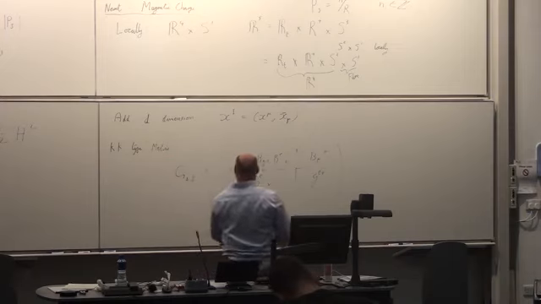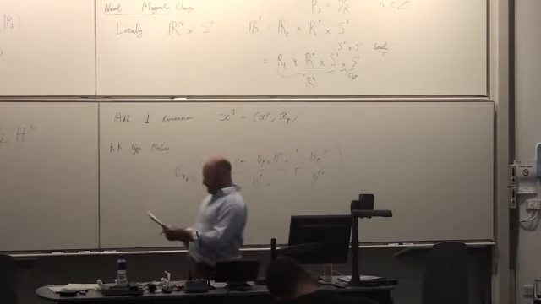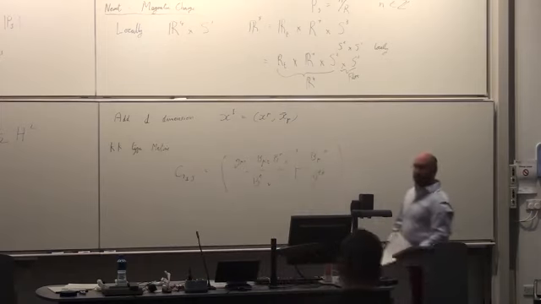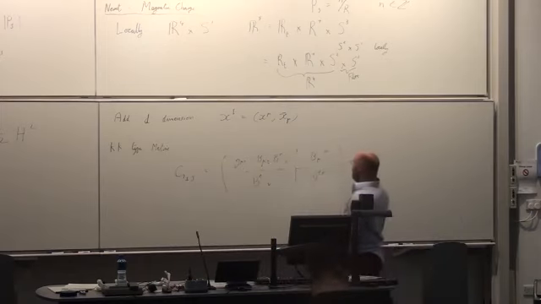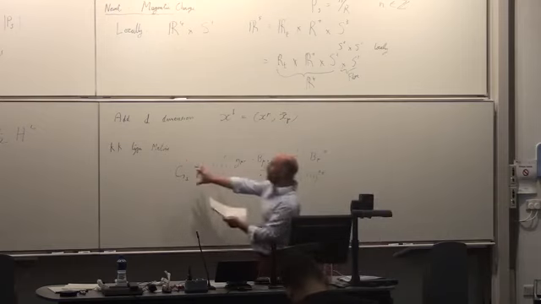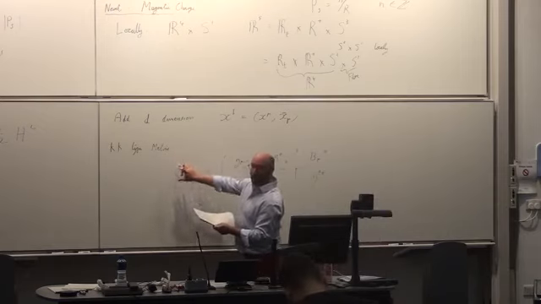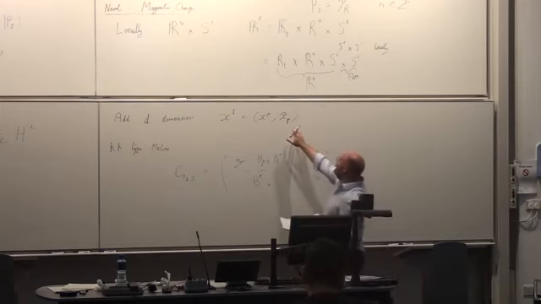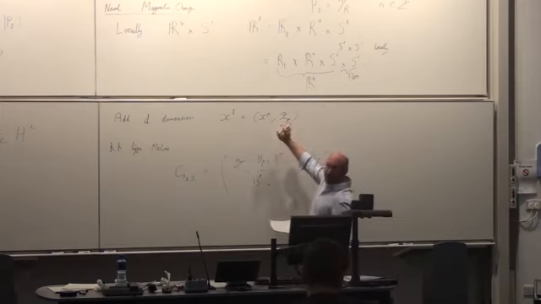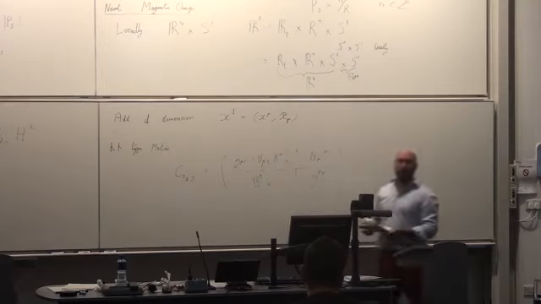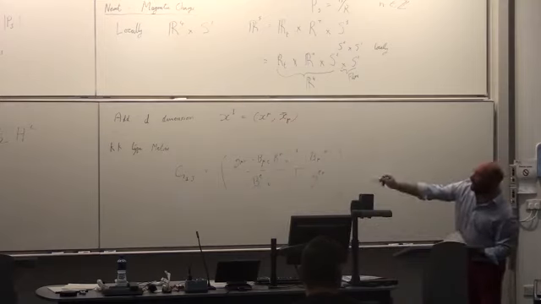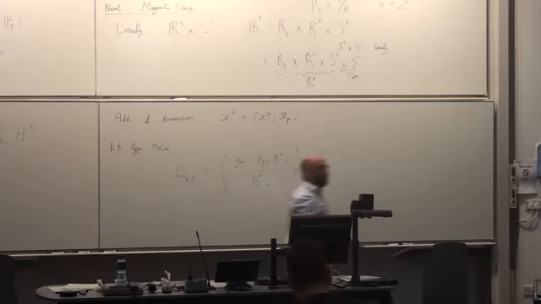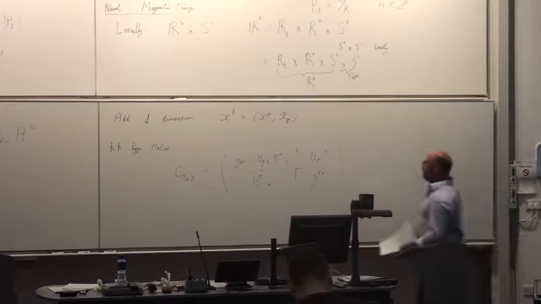So the next step that you would do is you would try and construct an action for this object G such that under the constraint that nothing depends on x tilde, you would reproduce the Neveu-Schwarz action over here.